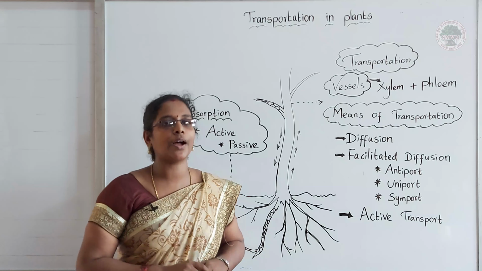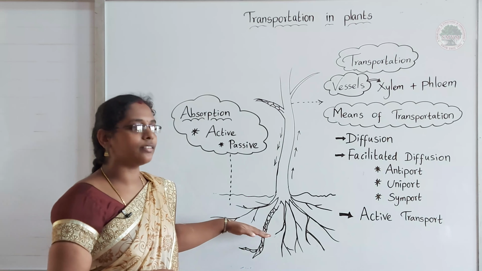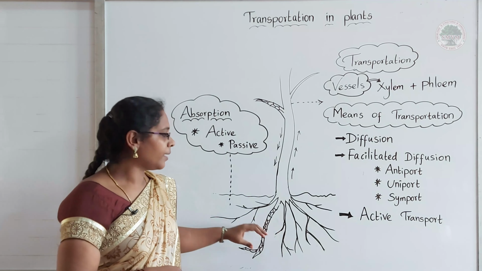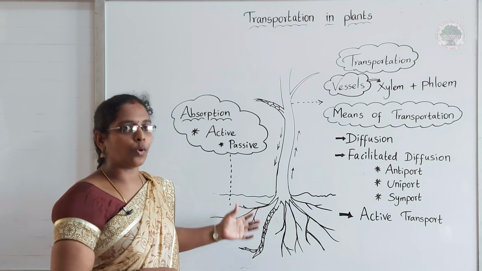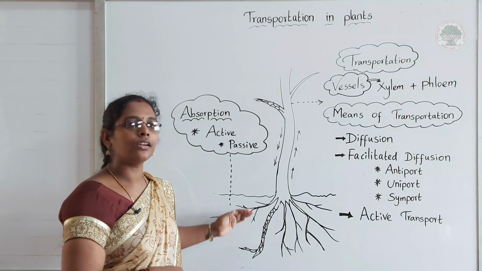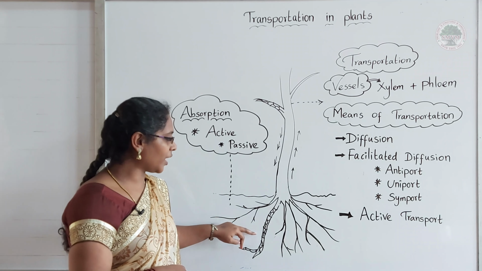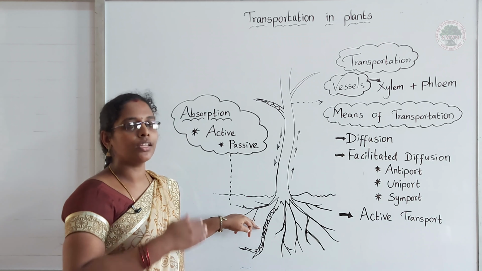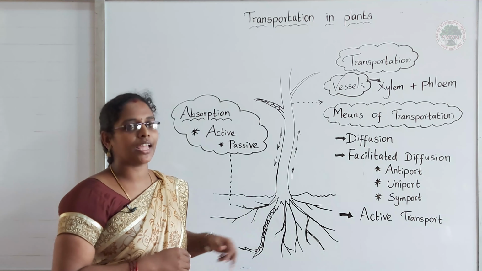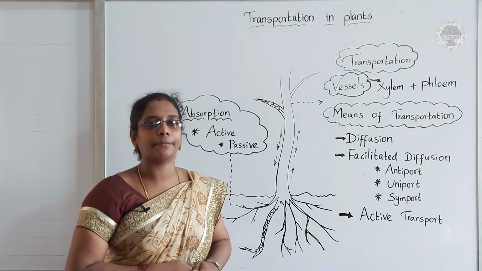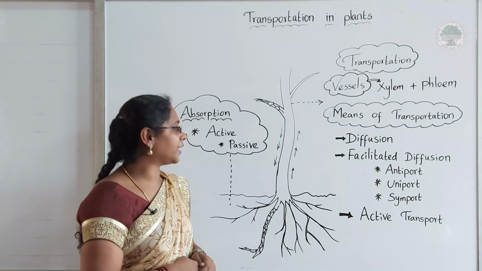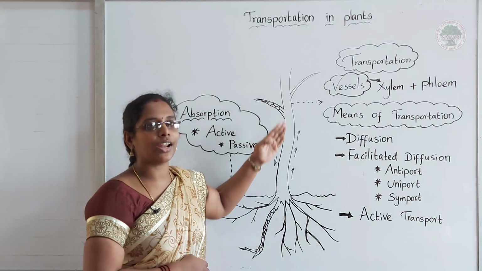The first one is cell to cell transportation. The nutrients and water are transported from one cell to another cell. That is the first step. Then the second step is long distance transportation.